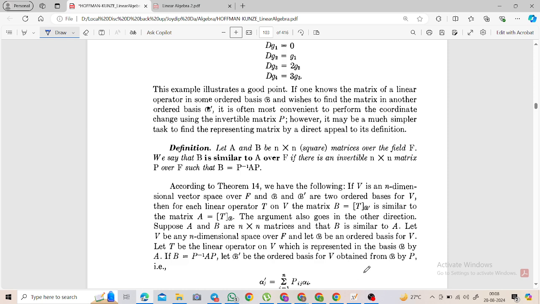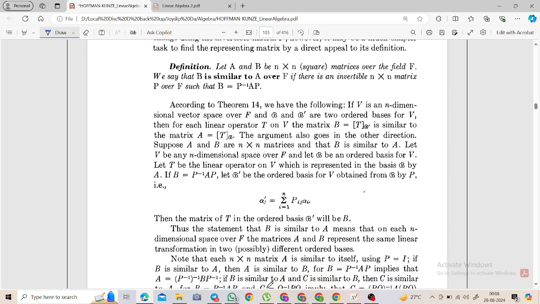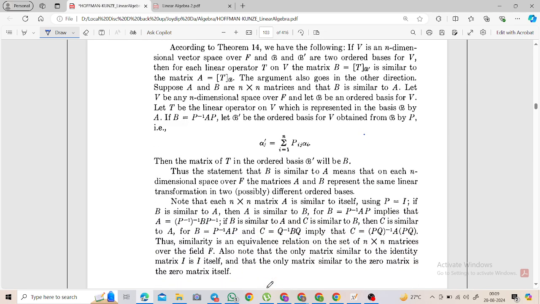Let V be any n-dimensional vector space over F, and beta be an ordered basis for V. Let T be the linear operator on V which is represented in the basis beta by A. Then B equals P inverse AP.